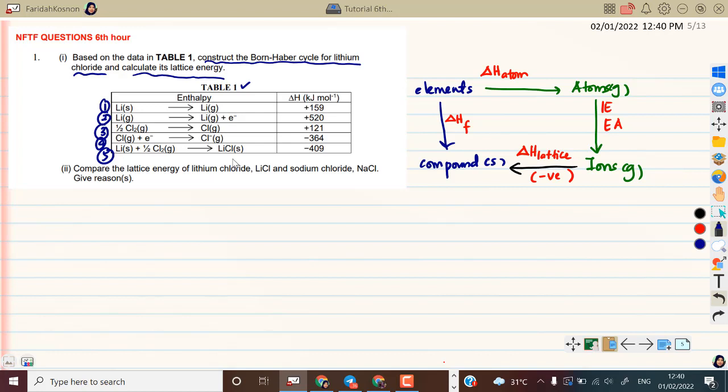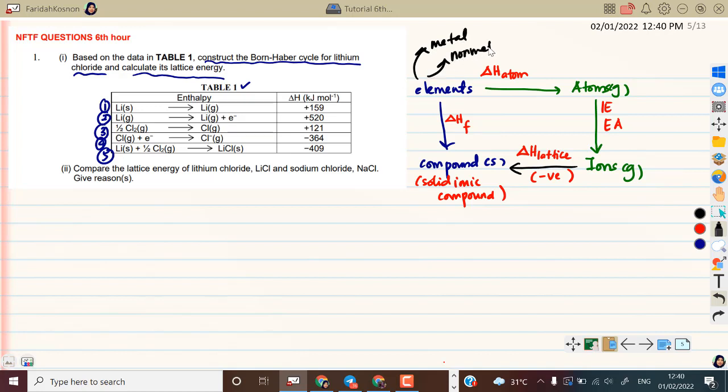Okey, bila kita sebut solid compounds, maksudnya ini adalah solid ionic compound. Okay, the solid ionic compound kalau dia terhasil daripada dia punya elements, dia mesti terdiri daripada metal dan juga dia punya elements non-metal.